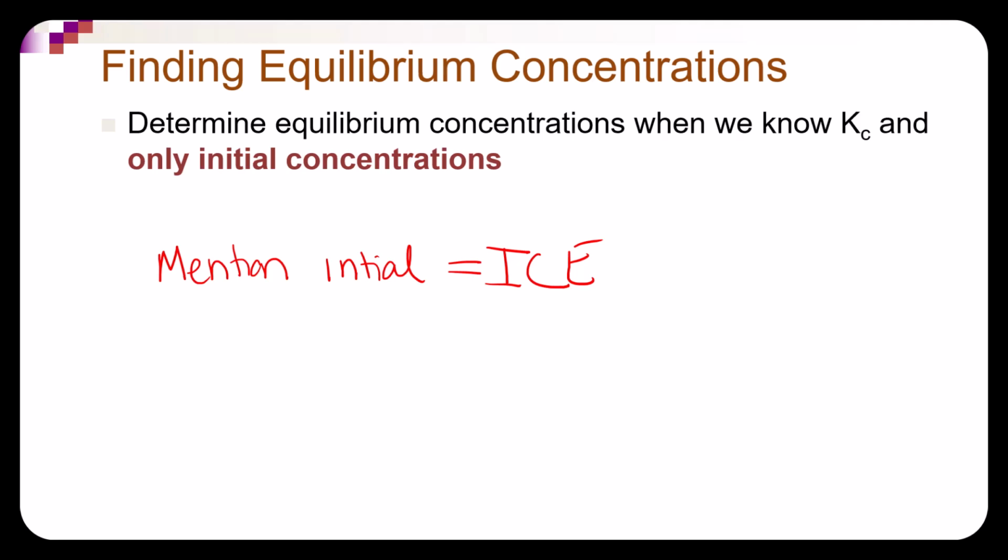And in this one, K is going to be given. If K is given in the problem, that's your indication that this is going to be an ICE table with X's.